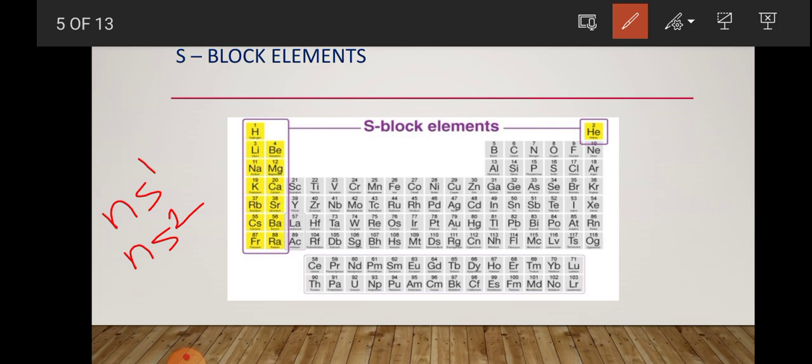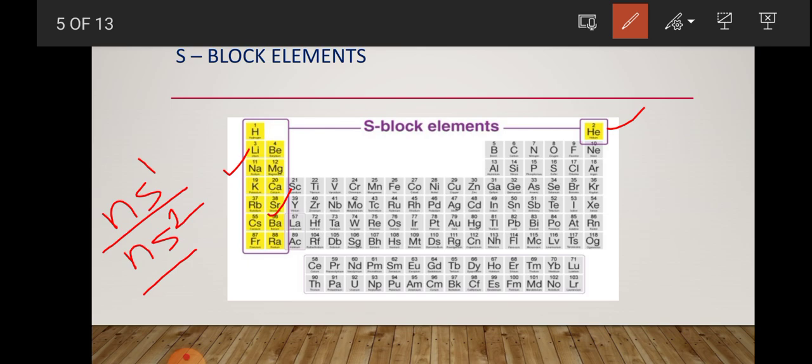Total elements are 14, out of which one is an inert gas, that is helium, and the rest are metals. Group 1 has outermost electronic configuration ns1, and group 2 has ns2, and helium.